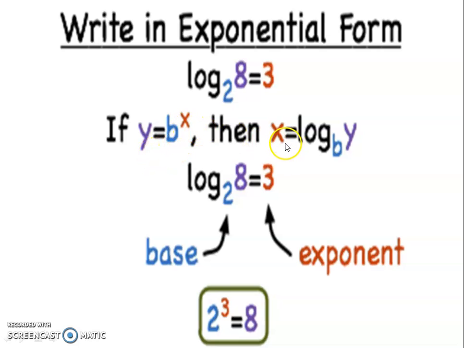Then we have the expression x is equal to log to the base b of y. Base is always the same in both expressions. So we derive log 8 to the base 2 is equal to 3. So base we can write here 2. The answer we derive is 8, and 3 is the number, that is the exponent, which goes to 2 raised to 3.